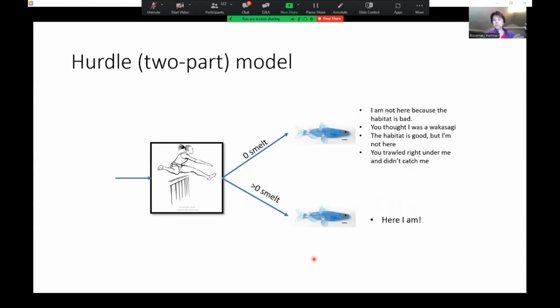Then you take all the situations where smelt were present and look at what controls how many smelt you have when you have smelt. This basically treats all the zeros the same though, so it doesn't have quite as much information as some other types of models, but it can be useful in certain circumstances, especially when you have a strong feeling that there are certain factors that describe presence absence that are different than the factors that describe number of fish when they are present.